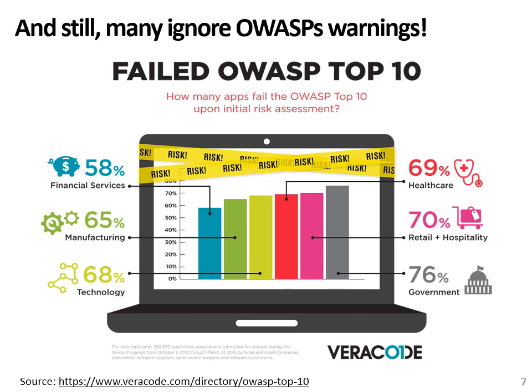In government websites, it's 67%, but even financial institutions, which are supposed to be very secure, have a 58% failure rate to protect against the top 10 vulnerabilities of OWASP.